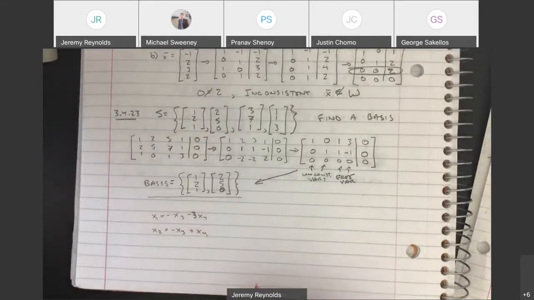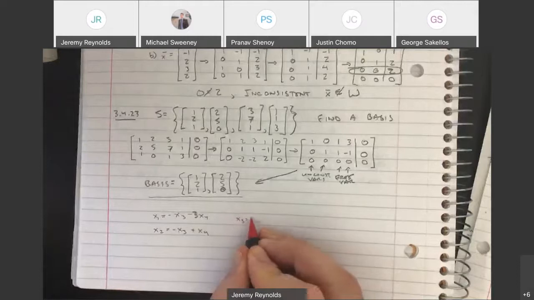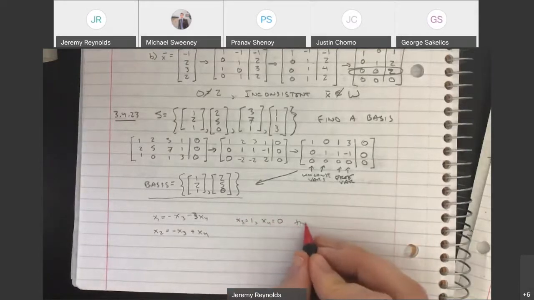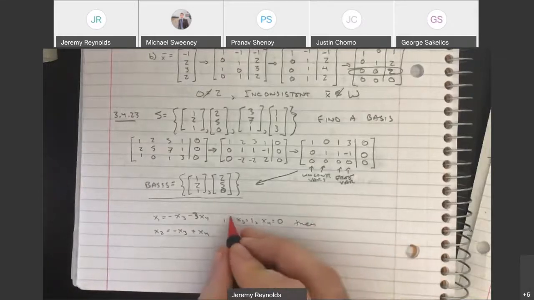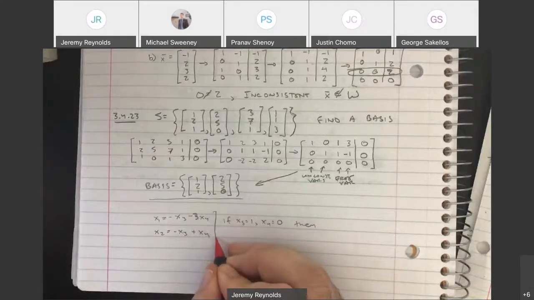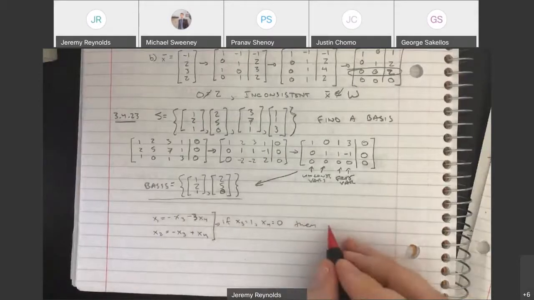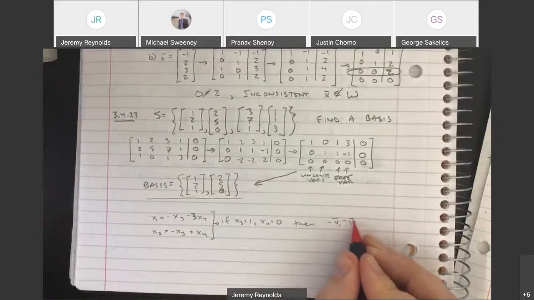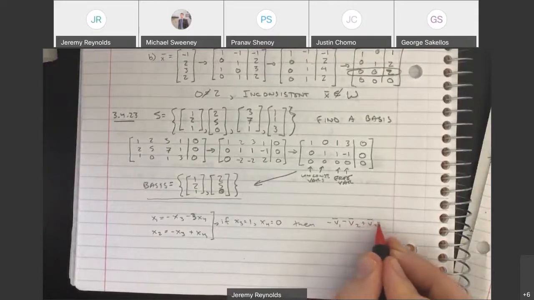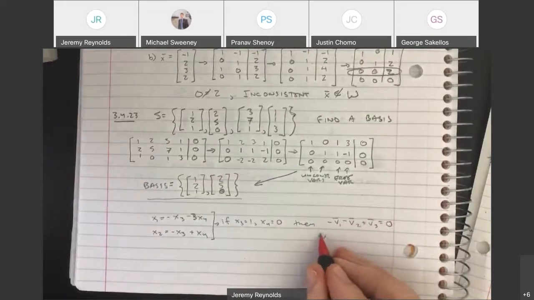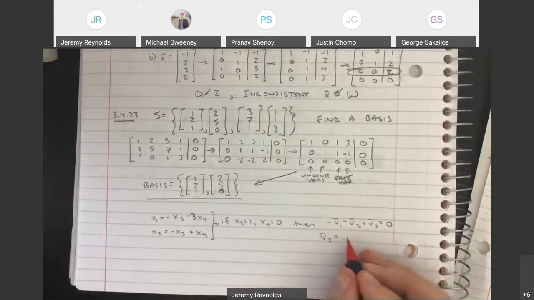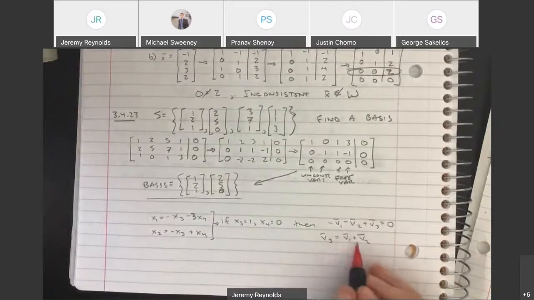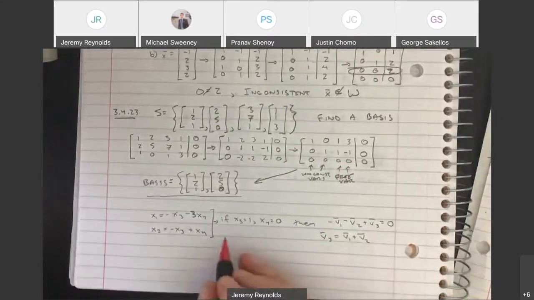So if we set x3 equal to 1 and x4 equal to 0, then negative v1 minus v2 plus v3 equals 0, so that v3 equals v1 plus v2. So we can clearly see that from our matrix up here.